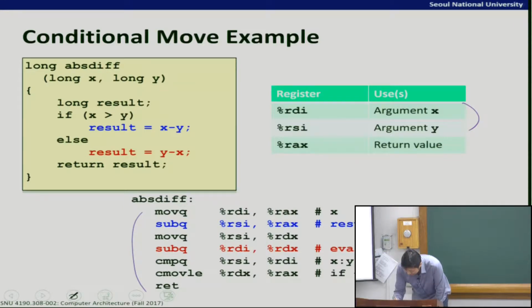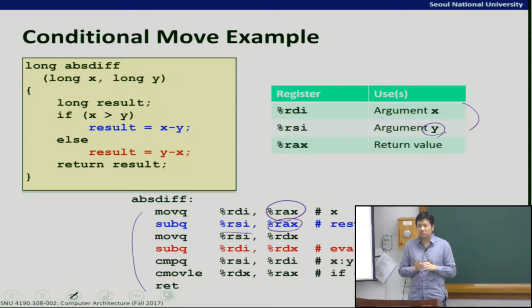Here, you first copy the value to the RAX register using a move instruction, and you subtract the value of RSI. RSI holds the value of y. So this calculates the value of x minus y, which is the return value from the then clause. Then you also calculate the value for the else clause.